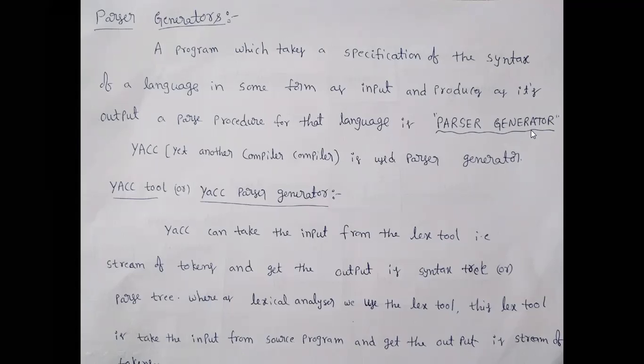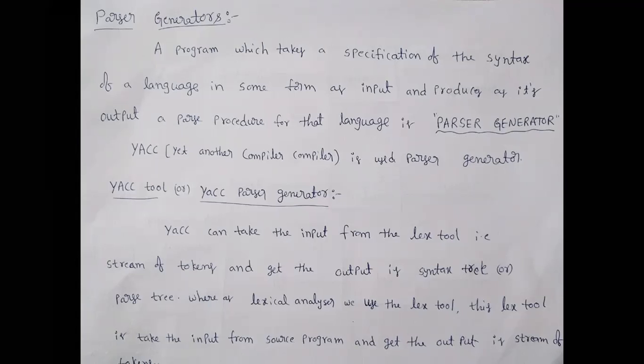Since we are talking about the parser generator, we take the language as a specification of syntax, take the input from the stream of tokens, and convert that stream of tokens into a syntax tree or a parse tree by using the parser generator.